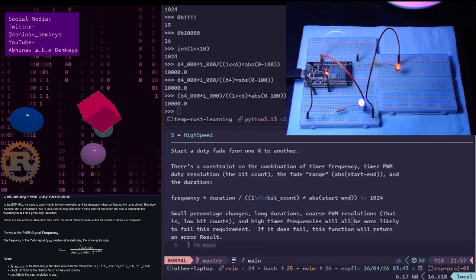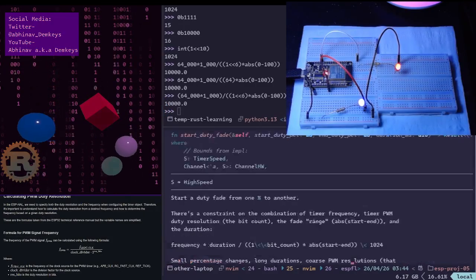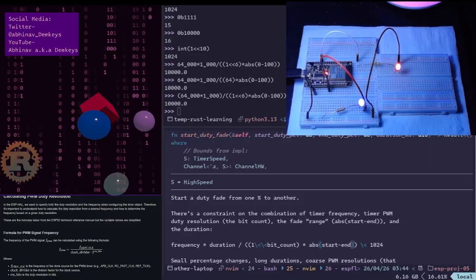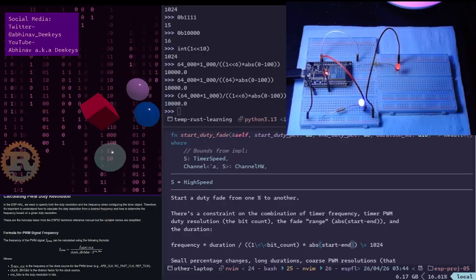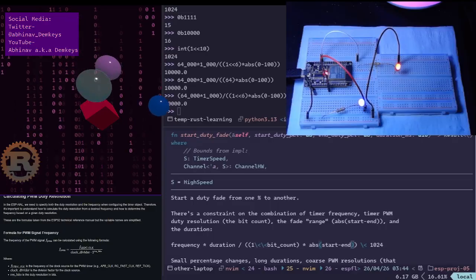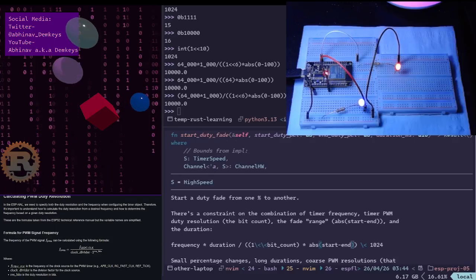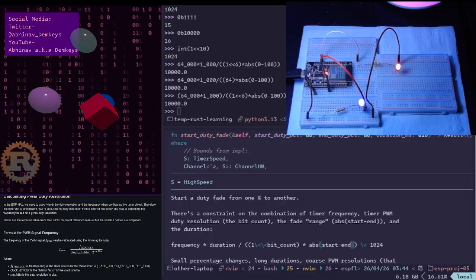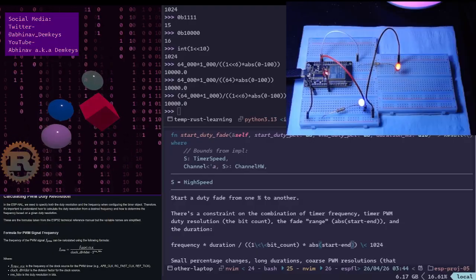Yeah, I'm a bit confused here. Okay, let's see if there are any docs that I can look up. ESP32, no_std Rust, start_duty_fade.